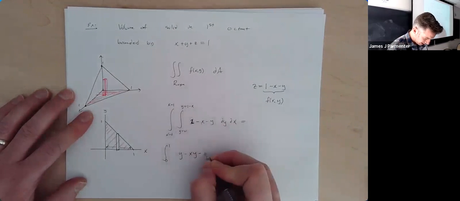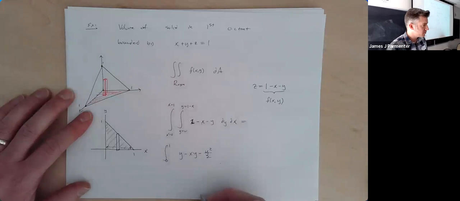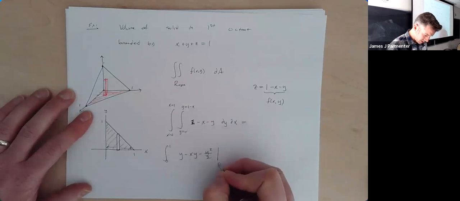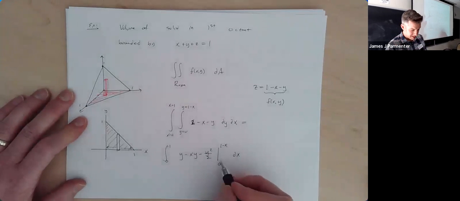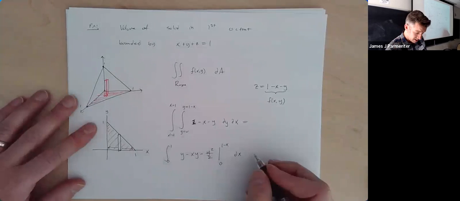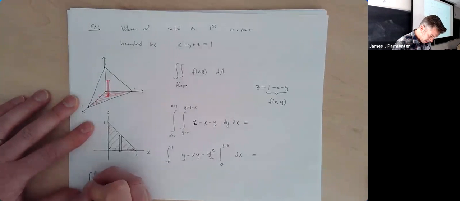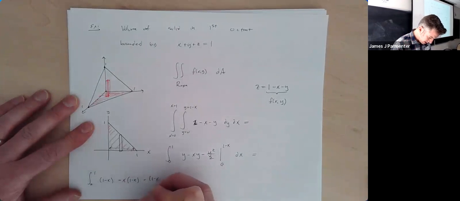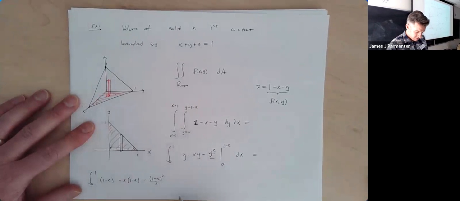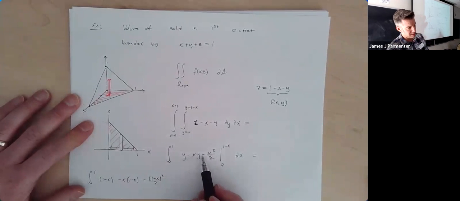And the antiderivative of y is y squared over 2, from y equals 0 to y equals 1 minus x. And then we have to plug in the 1 minus x and the 0 for just the y. So we're going to get 1 minus x times 1 minus x, minus 1 minus x squared over 2, minus 0, minus 0, minus 0 is 0.